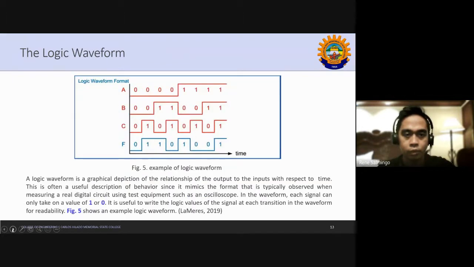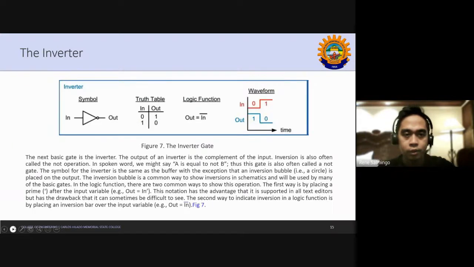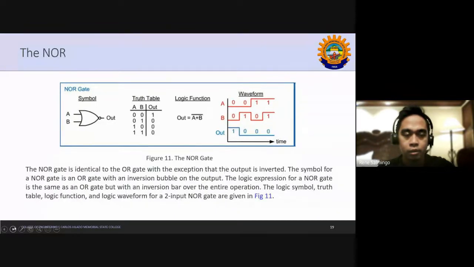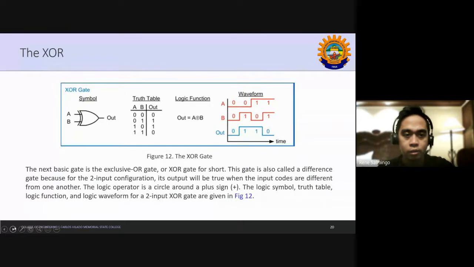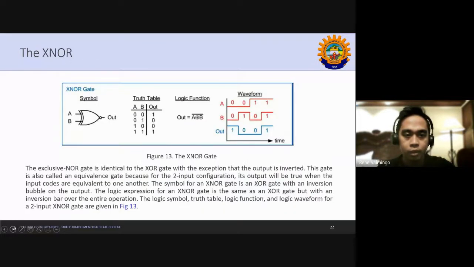Also, your logic waveform that is based on your input and output versus time, and the buffer, inverter, AND gate, NAND gate, OR gate, and NOR gate. Also, we discussed XOR and XNOR.